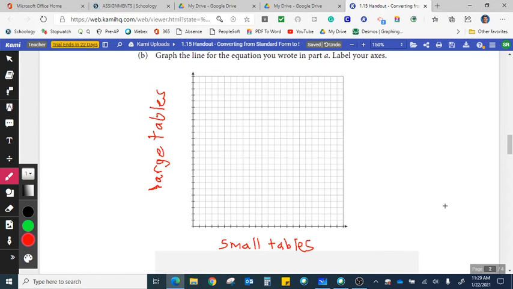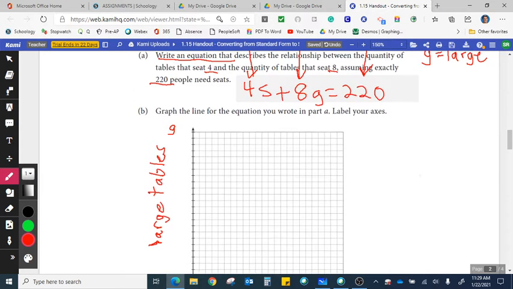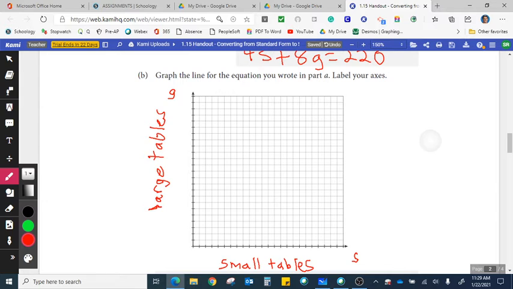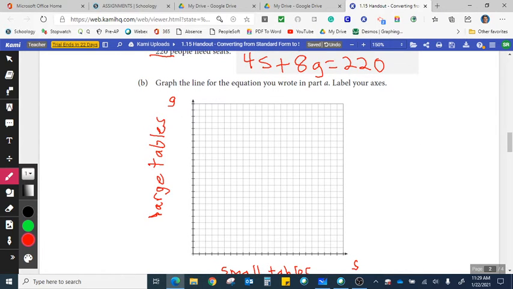We'll call this G, and we'll call this S. If we want to plot this, we can go with our intercepts.